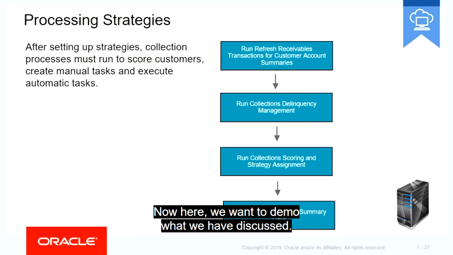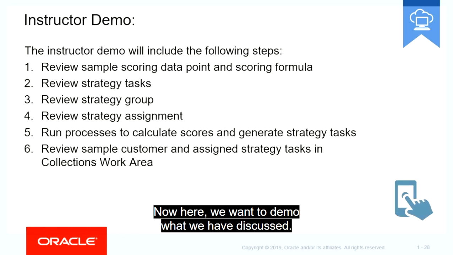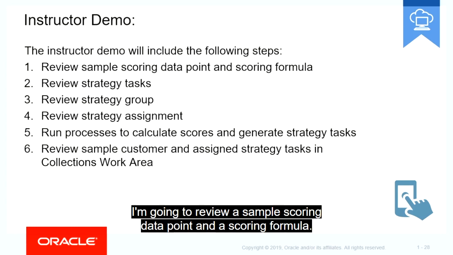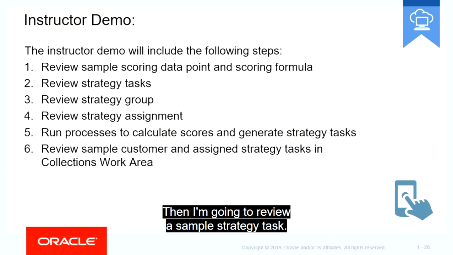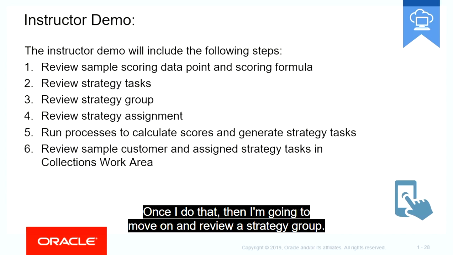Now here, we want to demo what we have discussed. So I'm going to follow a number of steps here. I'm going to review a sample scoring data point and a scoring formula. Then I'm going to review a sample strategy task. Once I do that, then I'm going to move on and review a strategy group.